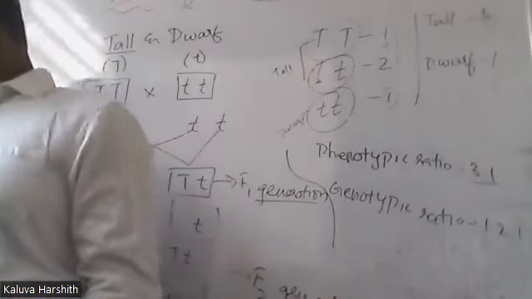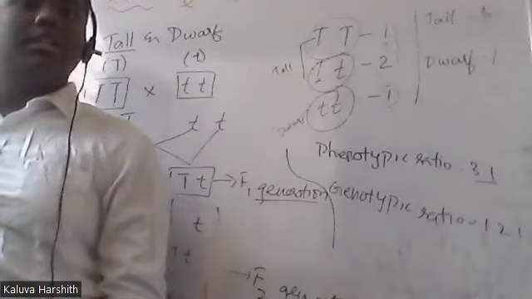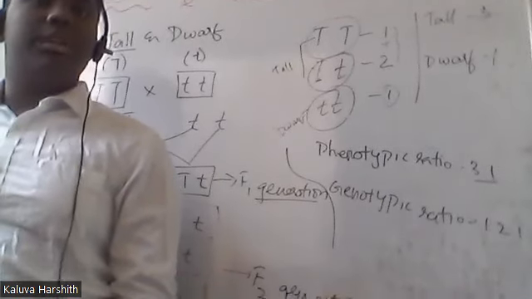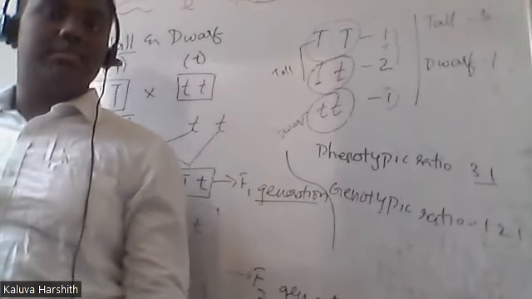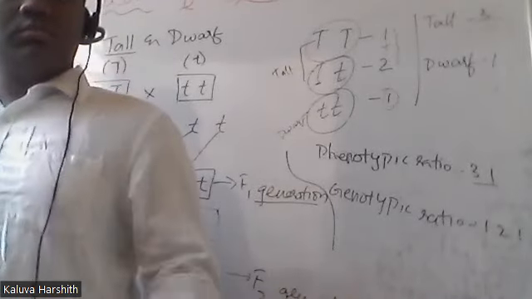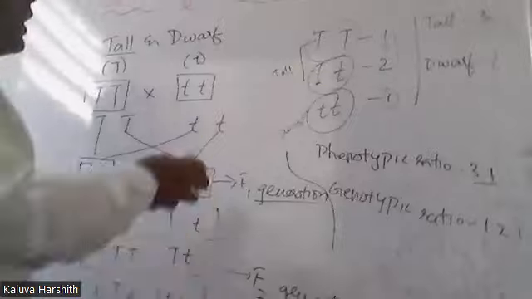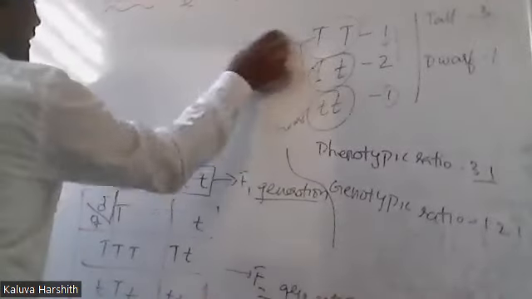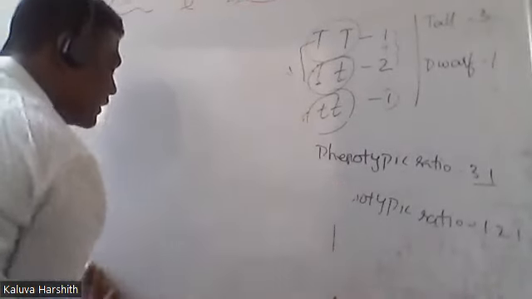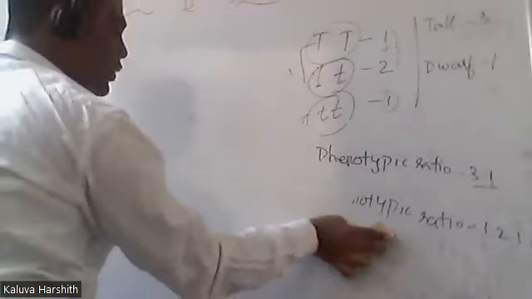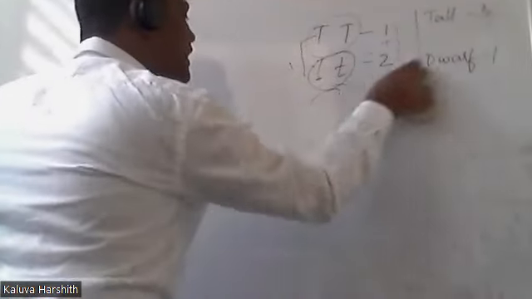So this is the phenotypic ratio and the genotypic ratio that is obtained when we cross capital T and small t. Now this is clear. This is nothing but the law of dominance. You may try taking another two characters, maybe round and wrinkled, or maybe green and yellow.